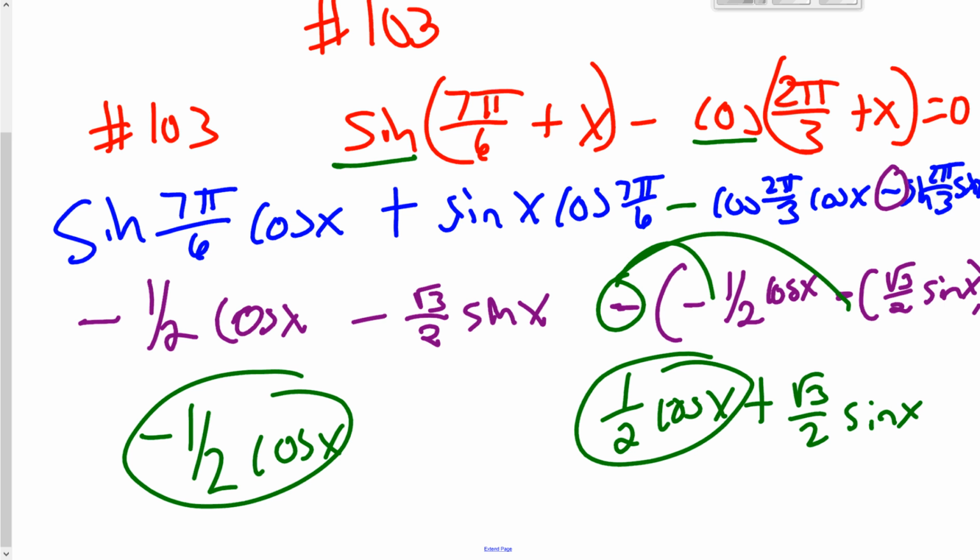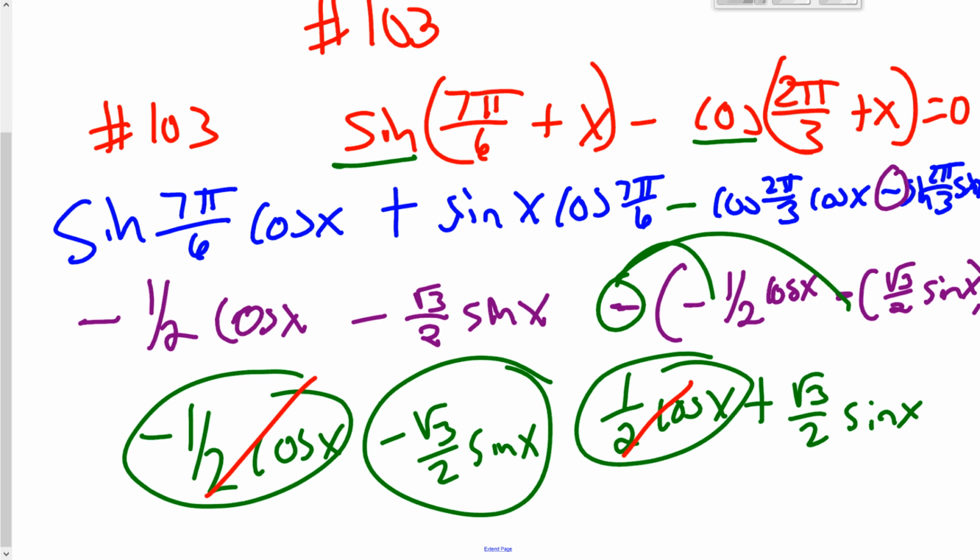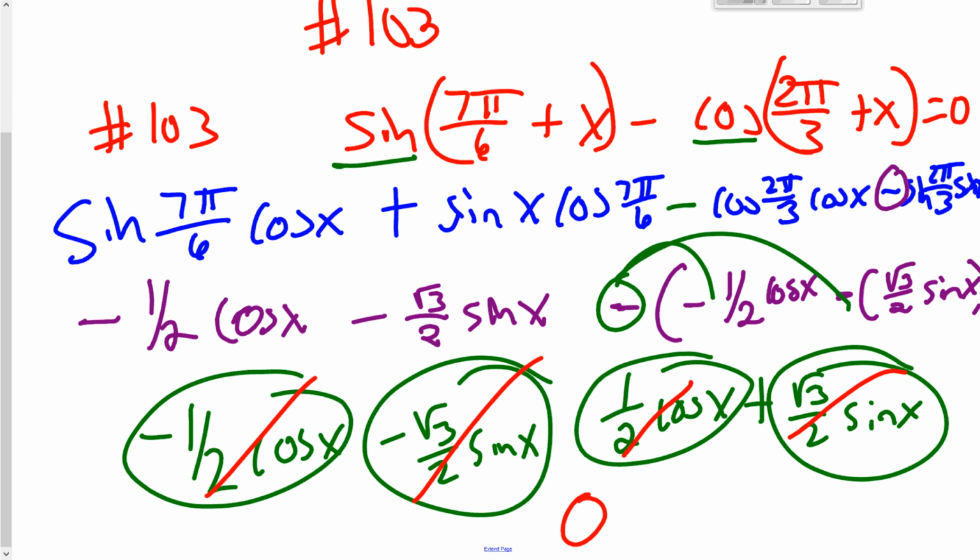Those are going to cancel. And then we have a negative root 3 over 2 sine x and a positive root 3 over 2 sine x. So those are also going to cancel, which gets me to 0. So left-hand side equals right-hand side. This might be the shortest video I've ever done. It's done.